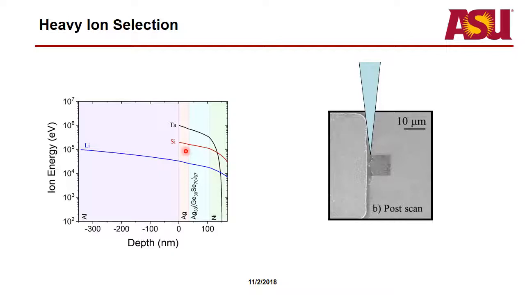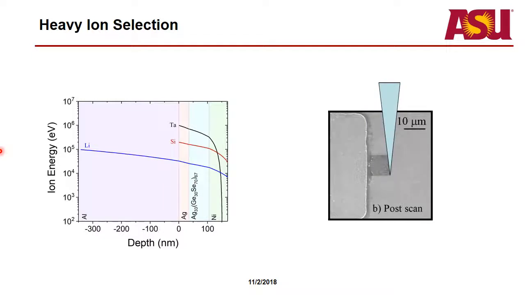For the lithium and the silicon tests, these were performed at Sandia National Labs using their nanoimplanter, which is a scanning focused ion beam that they can control the beam current on, so we can raster scan it across the device area and deposit some fluence of ions.